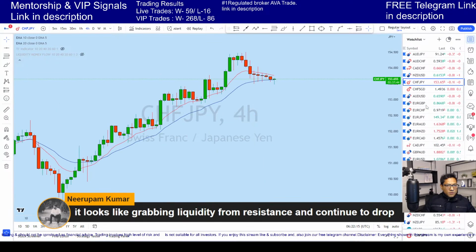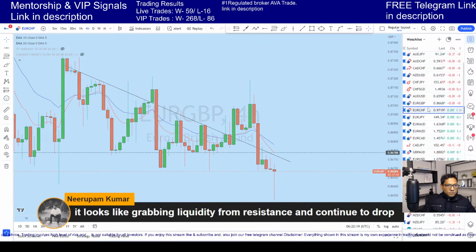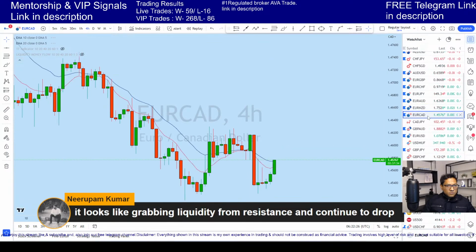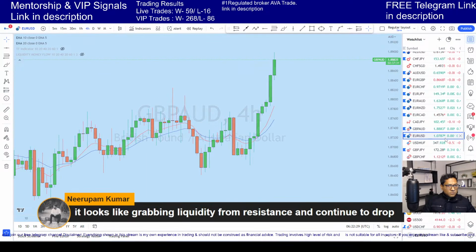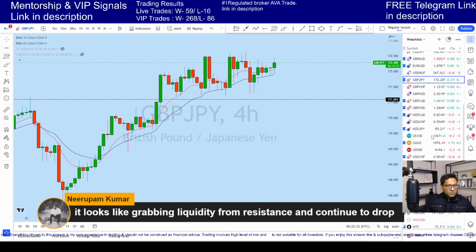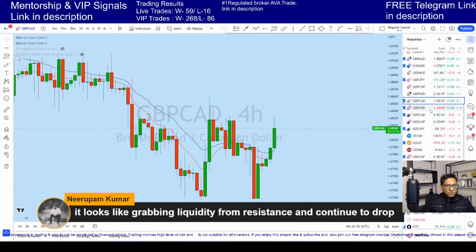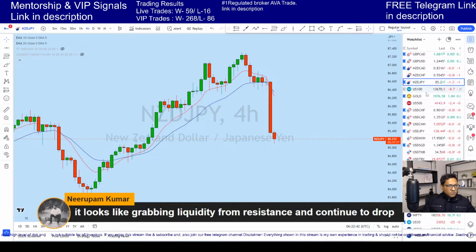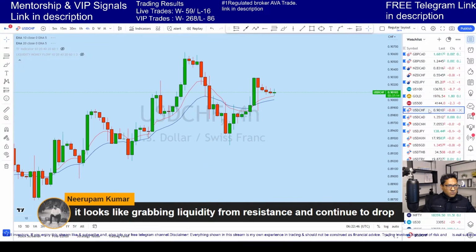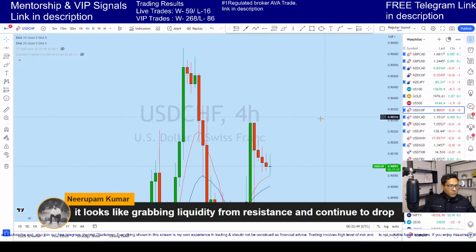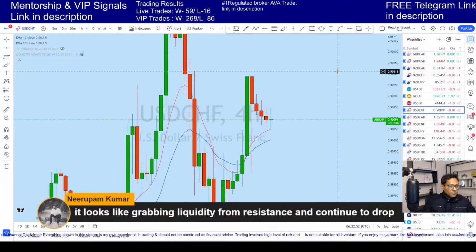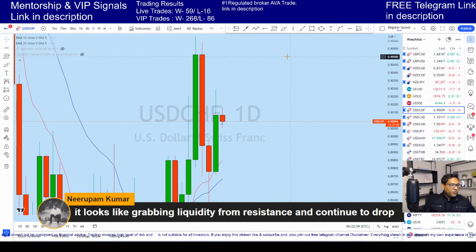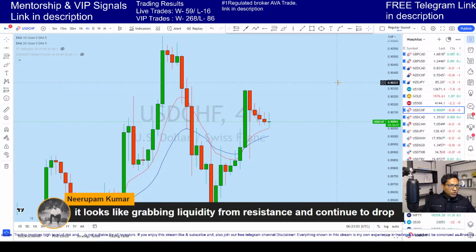So dollar Swiss franc also, we see the market is forming bullish price action.